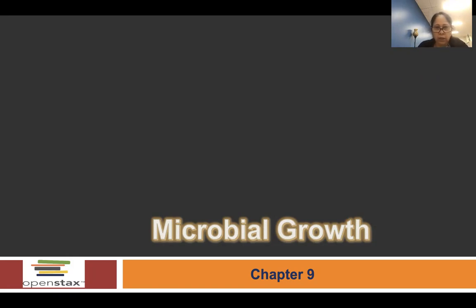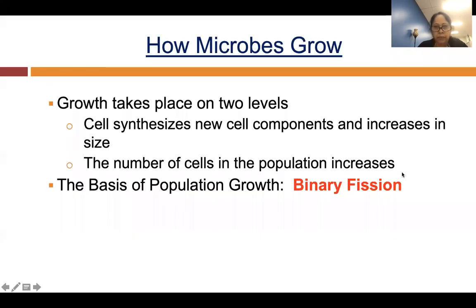So first thing, how bacteria actually grow. The process, the name of the bacterial growth process, or how bacteria divide into two, is called fission or binary fission. The word fission we have studied during chapter 2.